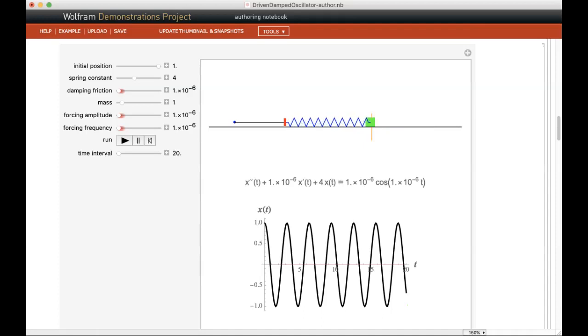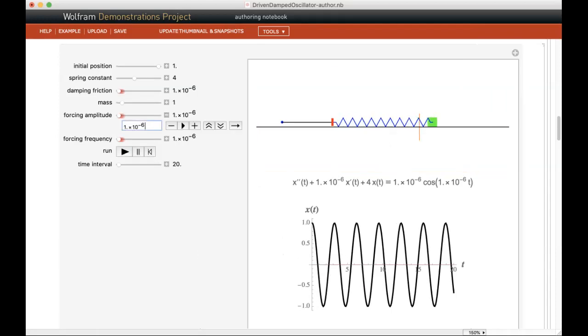So we've got the spring, that's the green thing, which is bouncing back and forth. Excuse me, the mass is the green thing. It's bouncing back and forth, connected to this blue spring, which is connected to this red wall. And instead of connecting the other end of the spring to a stationary wall, we can introduce some external forces by moving around the other end of the spring.